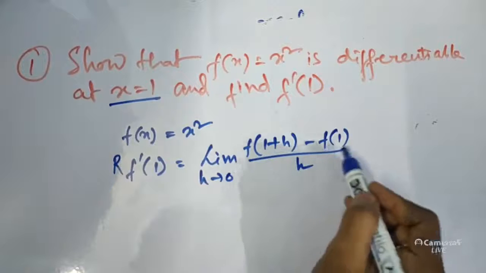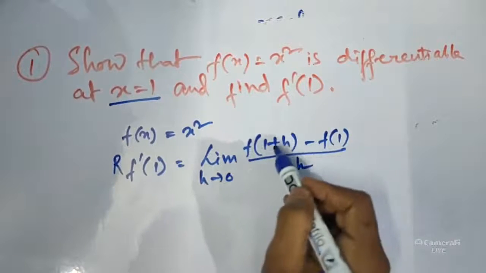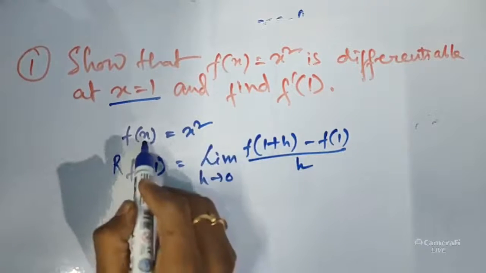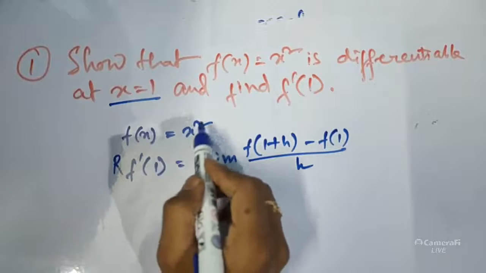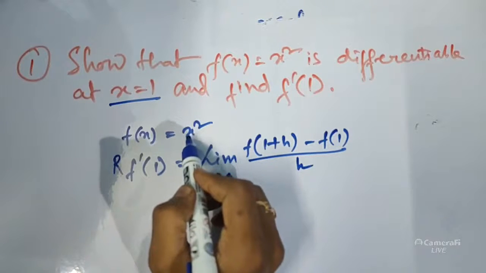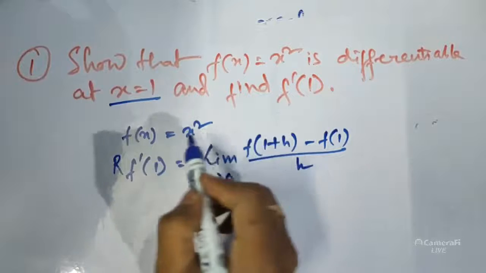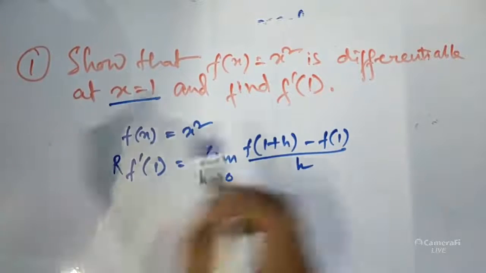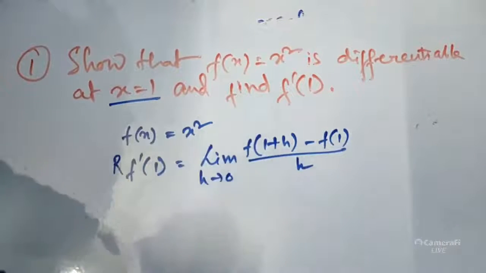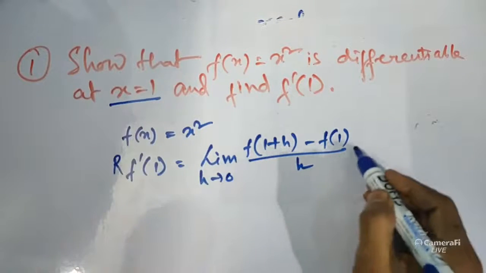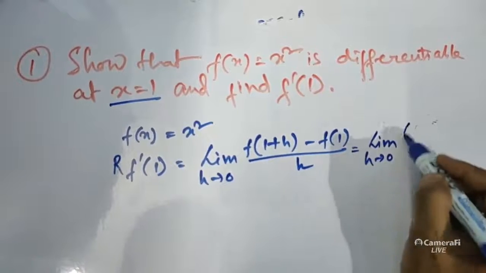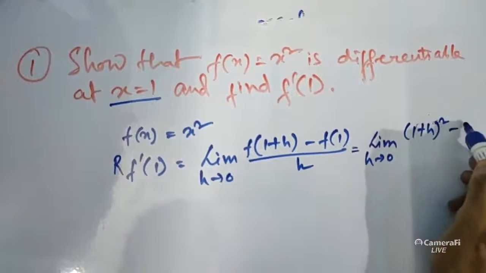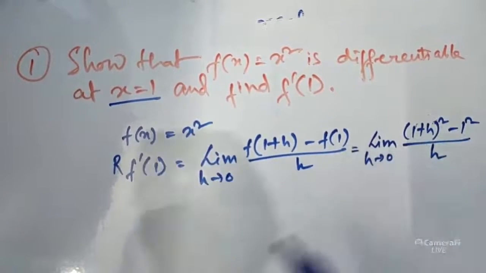Now what is the value of f(1) and what is the value of f of 1 plus h? If we put 1 plus h in the place of x, f of 1 plus h equals 1 plus h whole square, and f of 1 equals 1 square. So this equals limit h tends to 0, 1 plus h whole square minus 1 square divided by h.